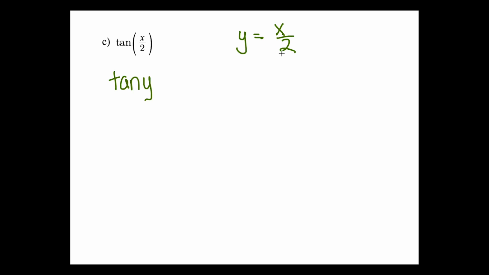So this is tangent of y. Now, how would I get x by itself here? You would have to multiply both sides by 2. So this would become the tangent of 2y, which is our double angle formula.